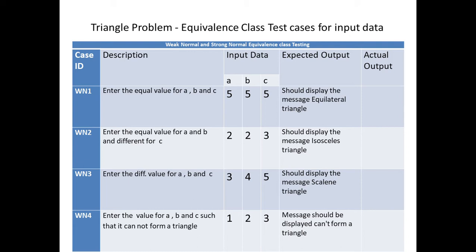Since it is a small program, not a complex one, we need to write all four types of test cases: weak normal, strong normal, weak robust, and strong robust. We have not considered a long boundary; we consider only the values 1 to 10 as the boundary for the input.